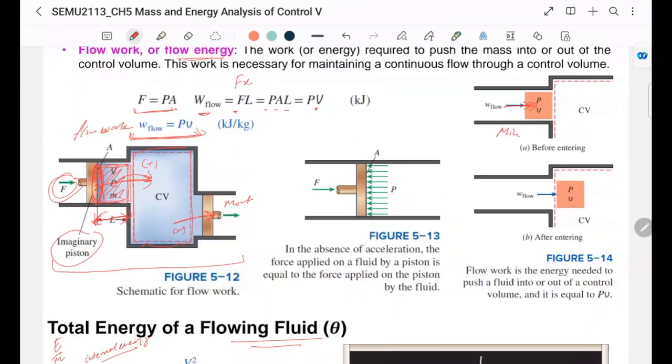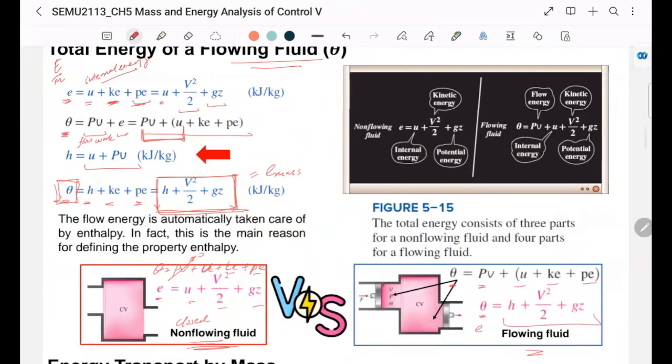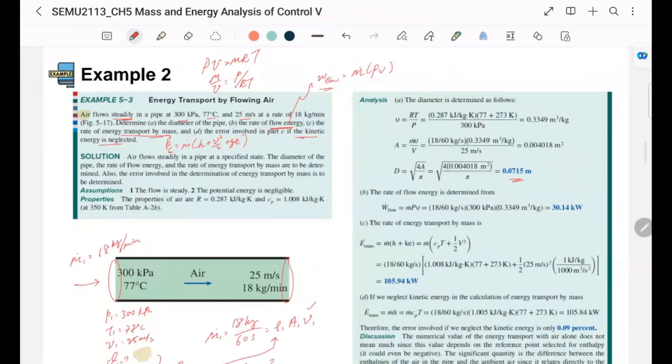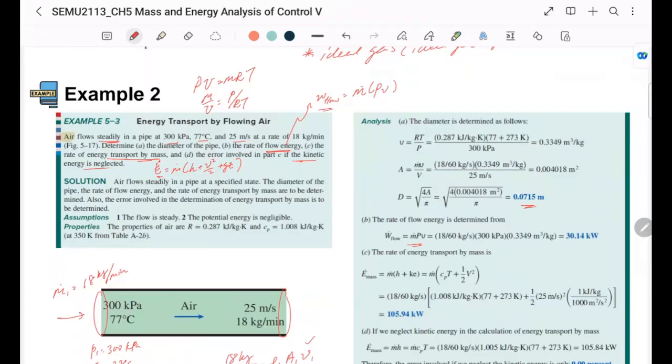So then you can see here the solution, m dot multiply with P multiply with the specific volume. Because we already multiply with the mass flow rate, therefore this is the rate of the work. Okay, the rate of the flow energy. Yes, in fact, the question also asks the rate.